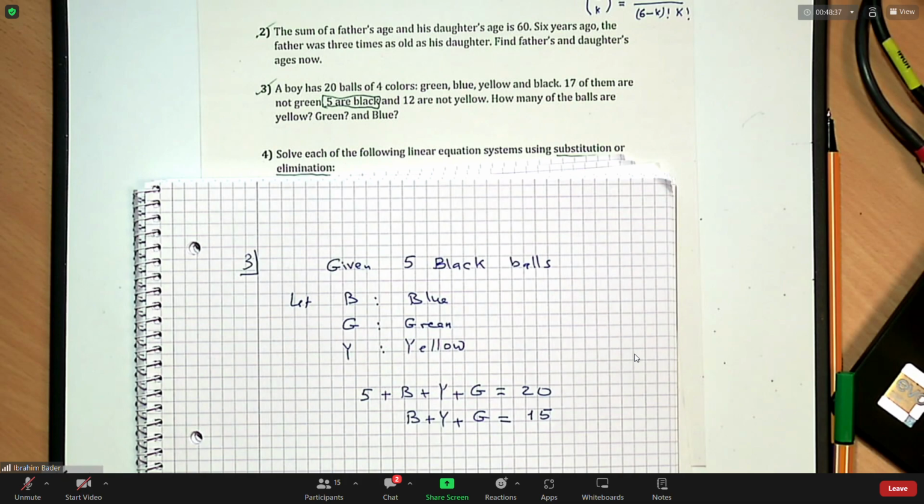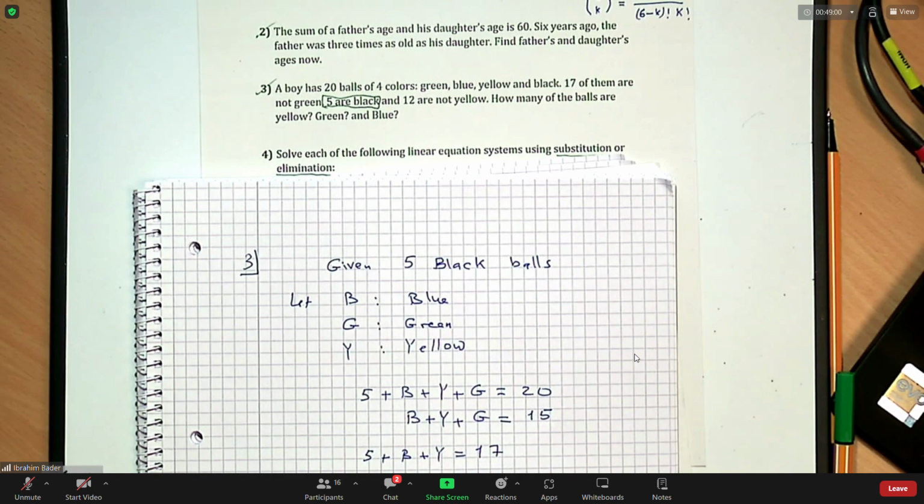And what else do we know? We know that 17 of them are not green. That means this sum here without the green is 17, okay? So 5 plus blue plus yellow is equal to 17.